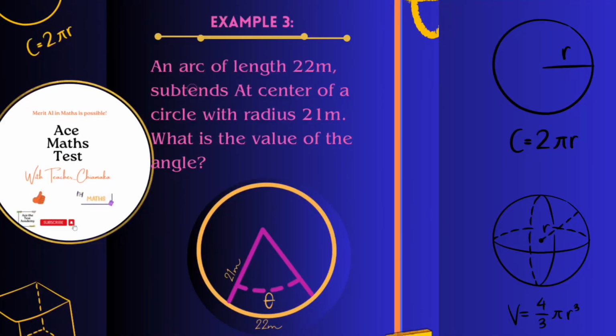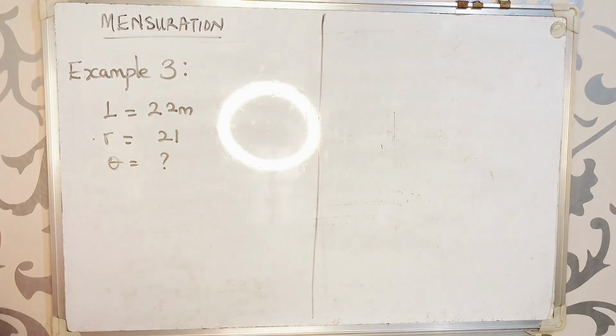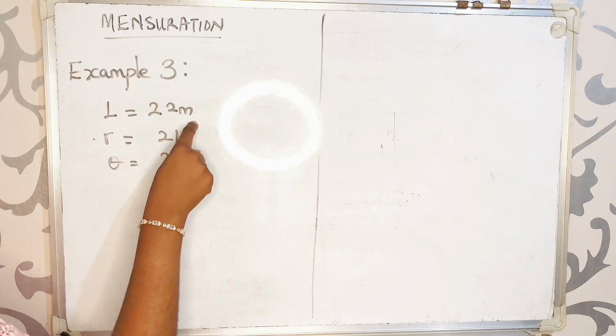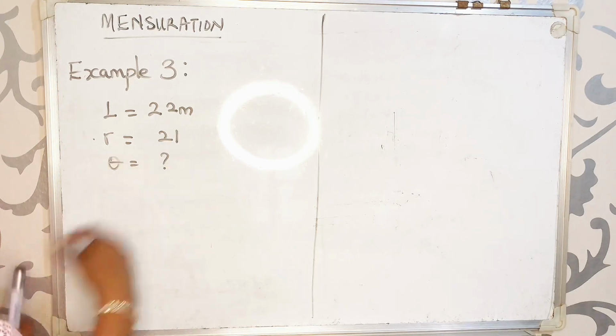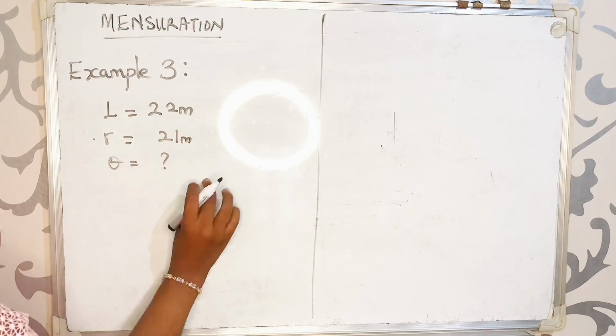For example 3, we're going to be looking for the angle. Instead, the length of the arc is provided and the radius is provided, and we are then asked to find the value of the angle. Example 3, the length is 22 meters, the radius is 21 meters, and the angle is what we are looking for.